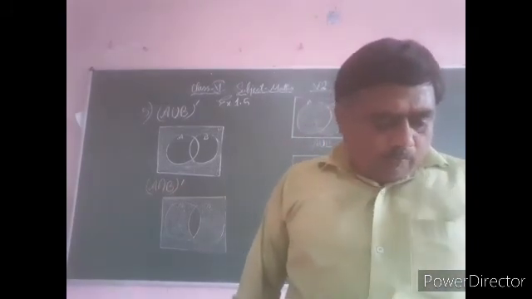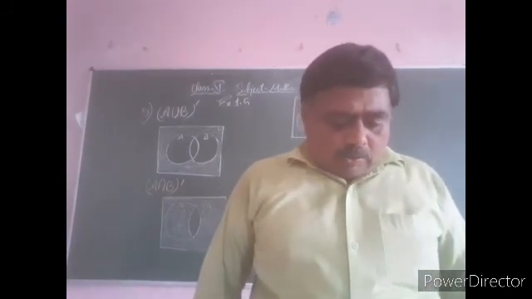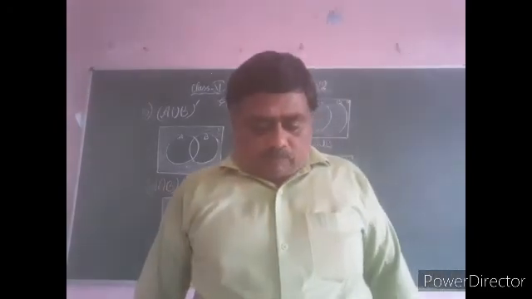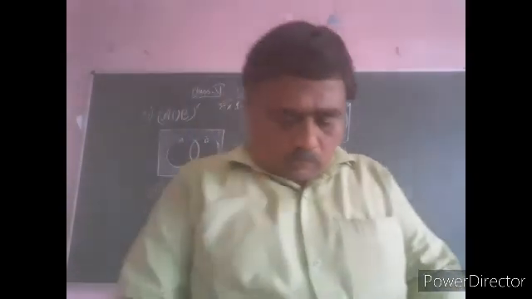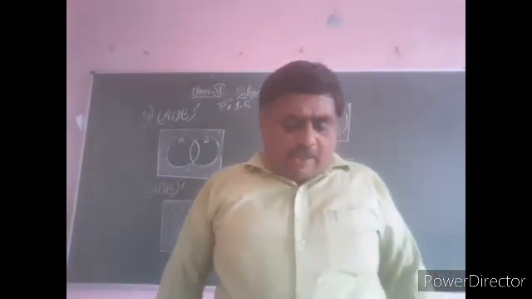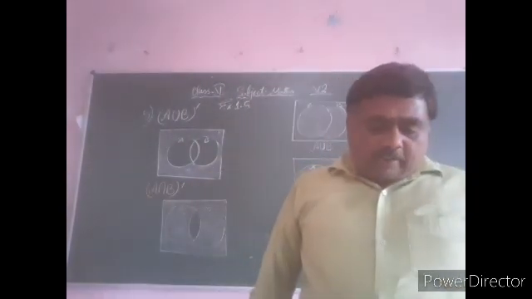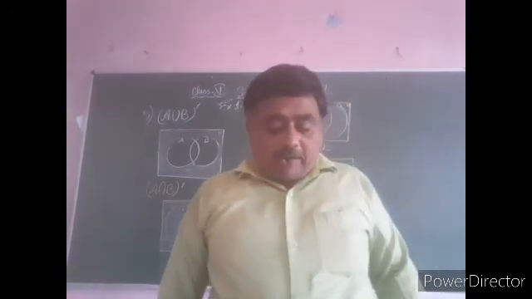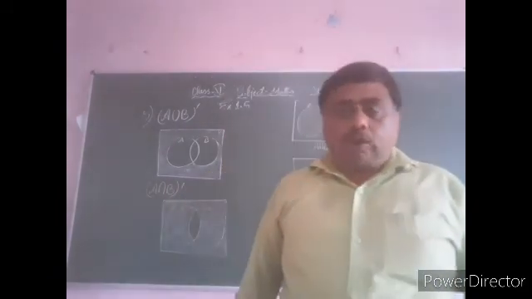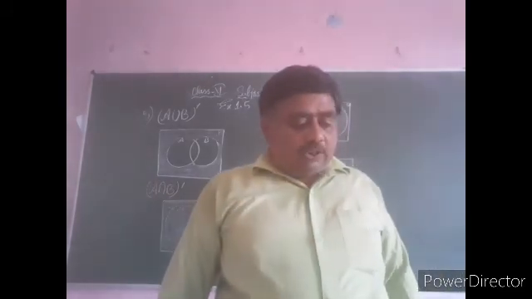Now question number 6. Let U be the set of all triangles in the plane. If A is the set of all triangles with at least one angle different from 60 degrees, what is A complement?